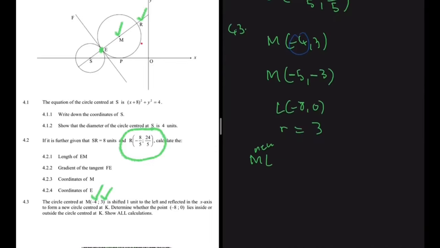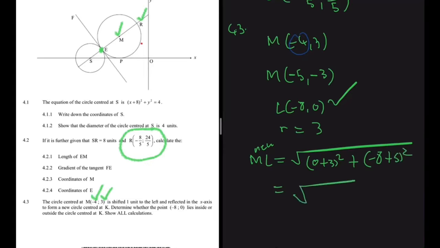So we're saying that ML will be equal to, we know the distance formula, the square root of (y2 minus y1) squared plus (x2 minus x1) squared. So let's just go ahead and sub it in. Let's take L as our second point, so that will be 0 minus 3, so that will be plus 3 squared, plus minus 8 minus 5, so that will be plus 5 squared, right?